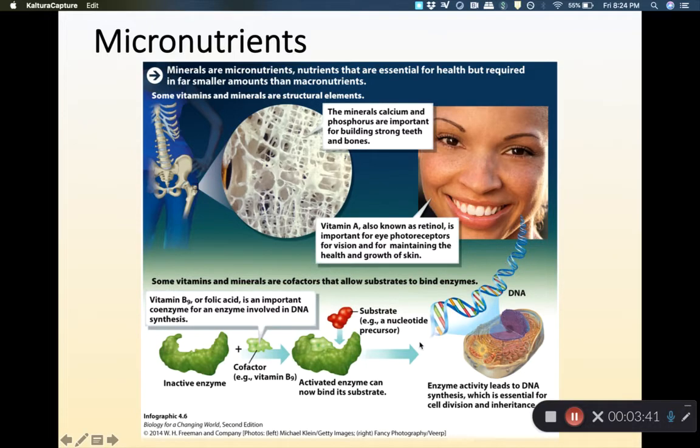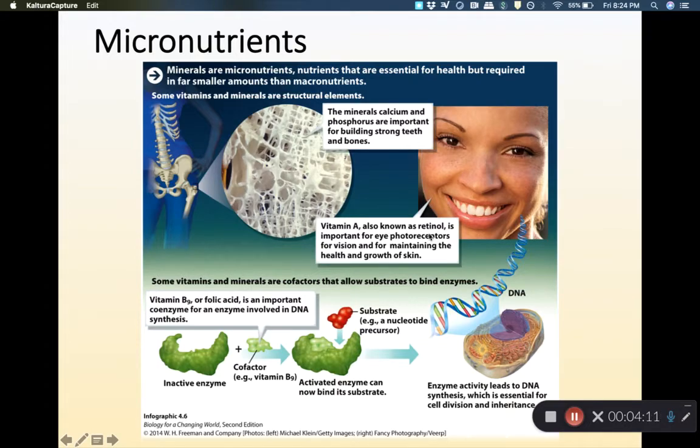So this image just talks about the different ways that micronutrients are used in the body. For this first example, the minerals calcium and phosphorus are both really important for building strong teeth and bones. Another example is vitamin A, which is needed for retinol.